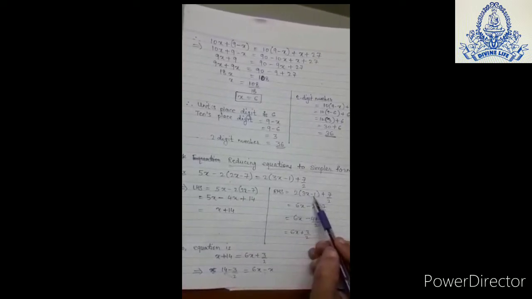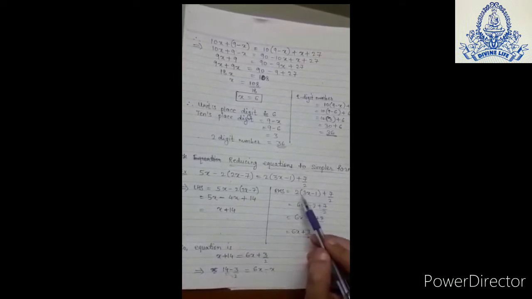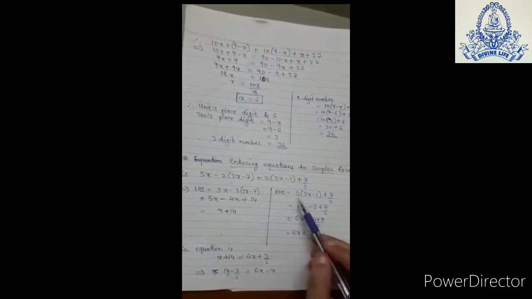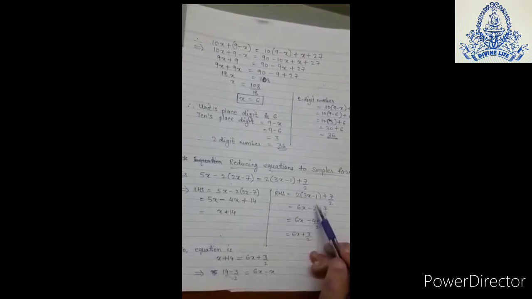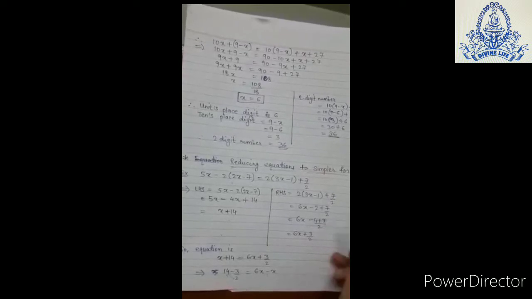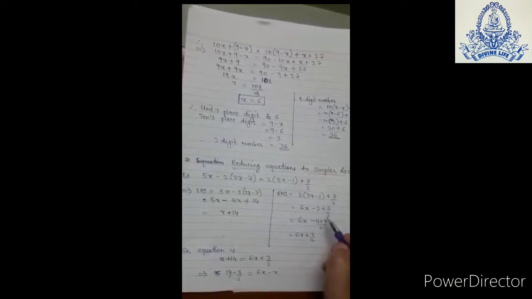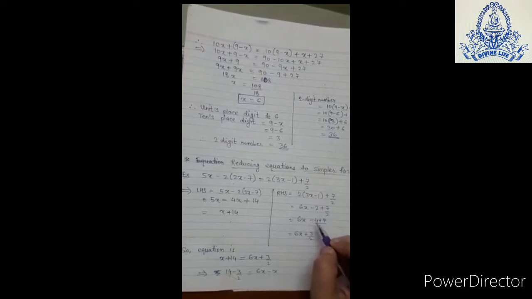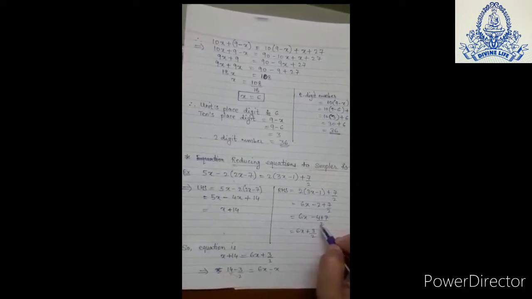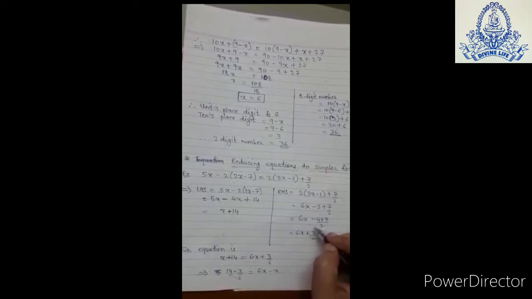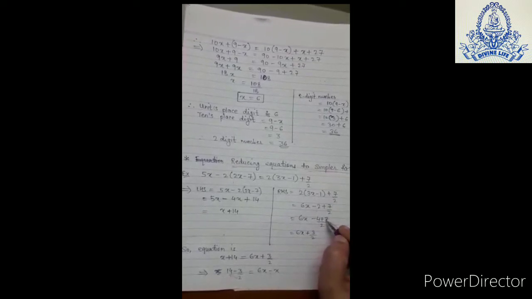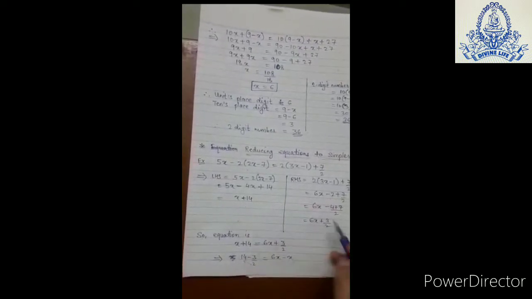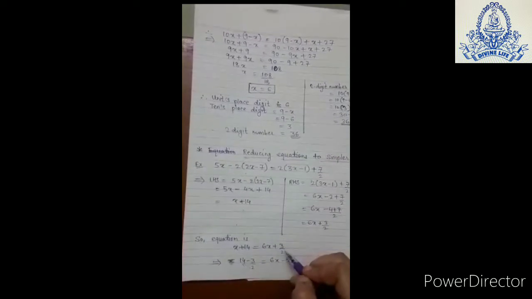So this 2 will multiply here also and here also. 2 into 3x, 6x. 2 into minus 1, minus 2, plus 7 upon 2. Okay. Now 6x as it is. Now this 2 will multiply to this 2. So 2 into minus 2, minus 4, plus 7 upon 2. So 6x plus minus 4 plus 7, 3 upon 2. Okay. So what do our equations become? LHS is x plus 14 is equal to RHS is 6x plus 3 upon 2.